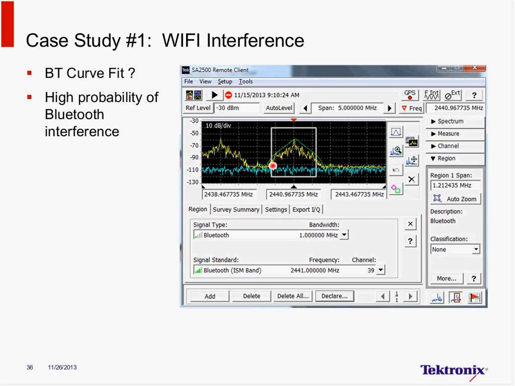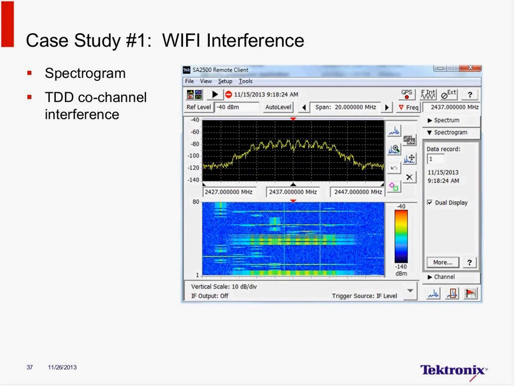And when we turn on the Bluetooth curve fit, we can see here that the signal that I'm looking at directly falls underneath the curve. So there's a very high degree of probability that this is actually a Bluetooth signal. Now, if I turn on a longer-term spectrogram, I can see here that there is a fair amount of Bluetooth activity directly on channel.